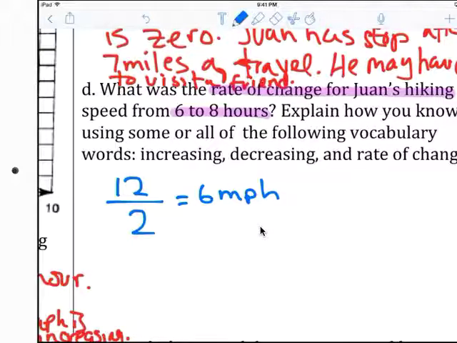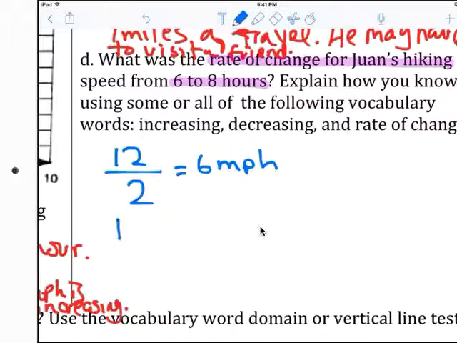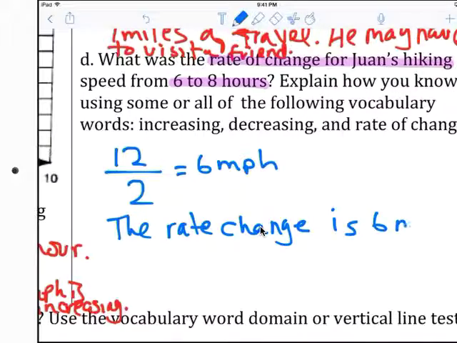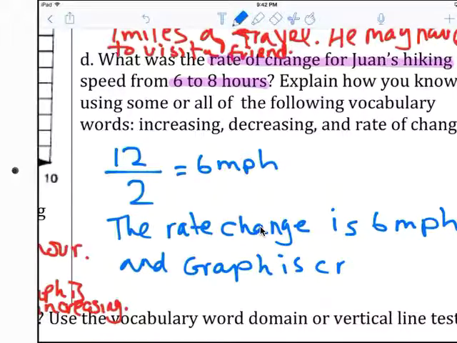Explain how you know, using some vocabulary. The rate of change is 6 miles per hour, and the graph is increasing.